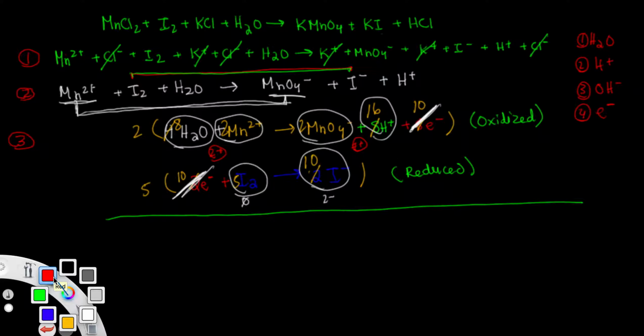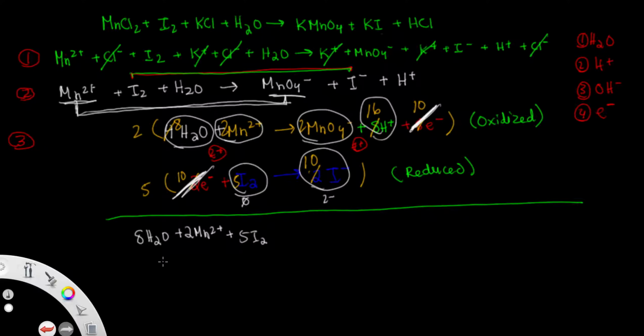Now we have to write out the final reaction. The final balanced reaction is 8 H2O plus 2 Mn2+ plus 5 I2, and I'm not writing out the electrons because I canceled them out, yields 2 permanganates, 16 H pluses, hydrogen ions, and also 10 iodides, or 10 iodine ions.